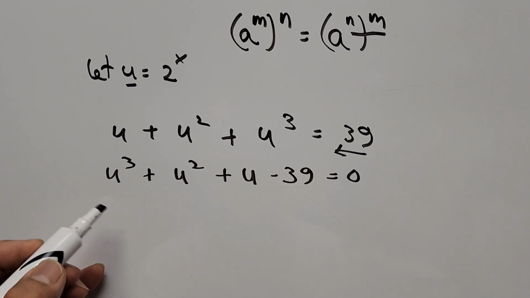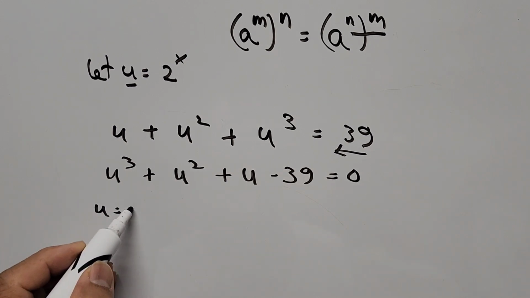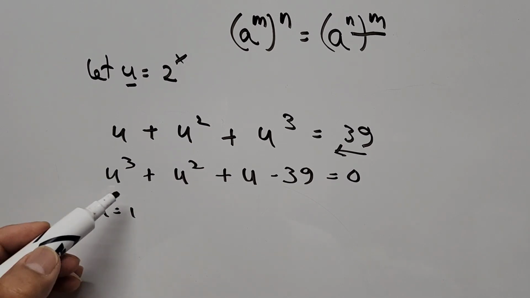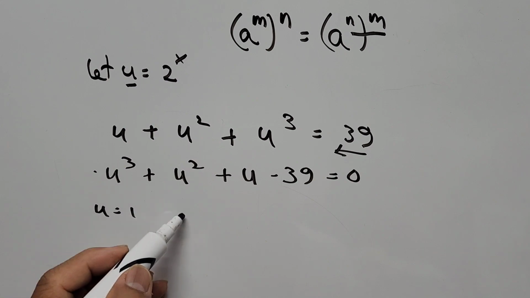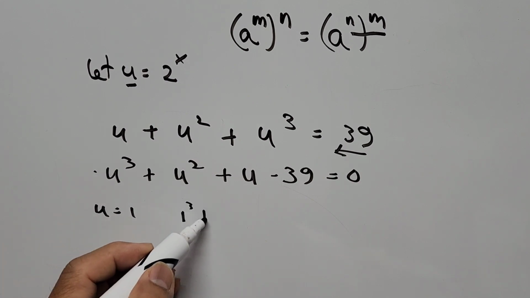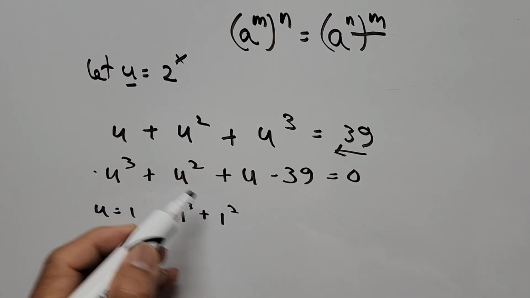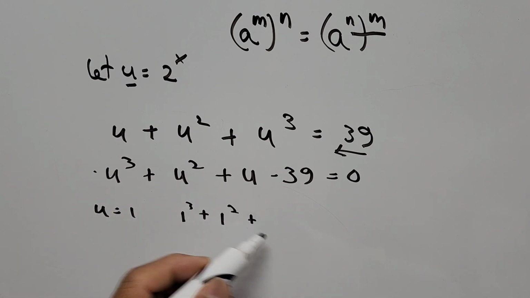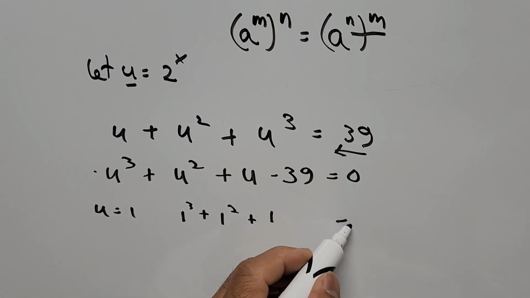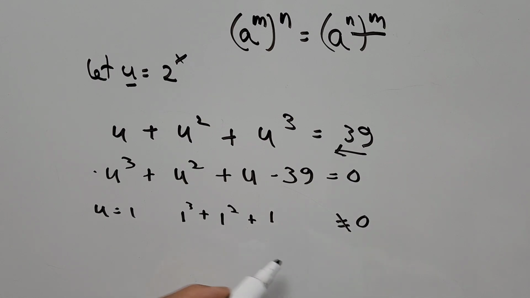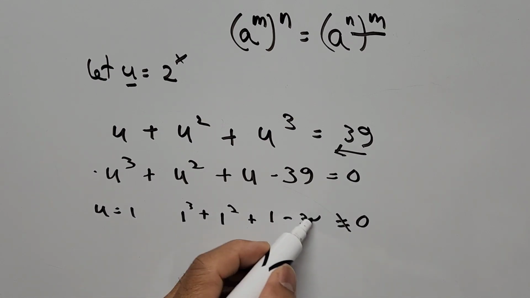So if we put u as 1, we substitute the value of u into this equation. We have 1 cubed is 1, plus 1 squared, plus 1, which could not produce a 0 result since we have minus 39 over here.